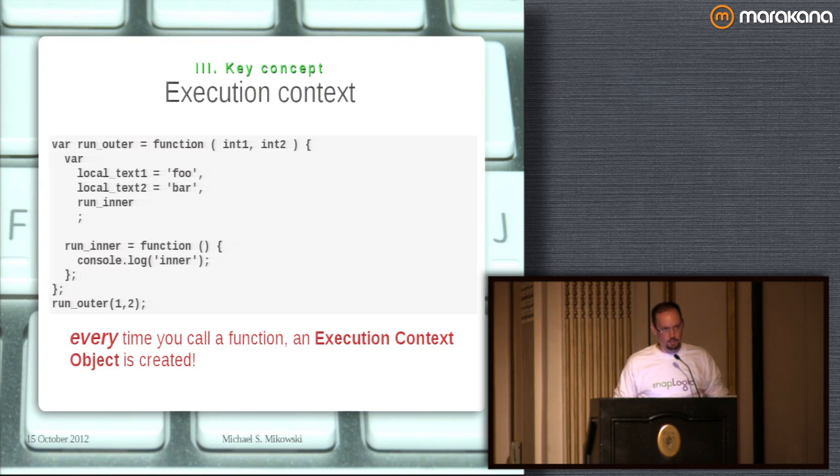The key to remember is that every time you run a function, JavaScript constructs an execution context object. All right, let me rephrase that. Every time you call a function, an execution context object is created. And creating closures over the execution context object is the whole basis of how we create objects inside of JavaScript.